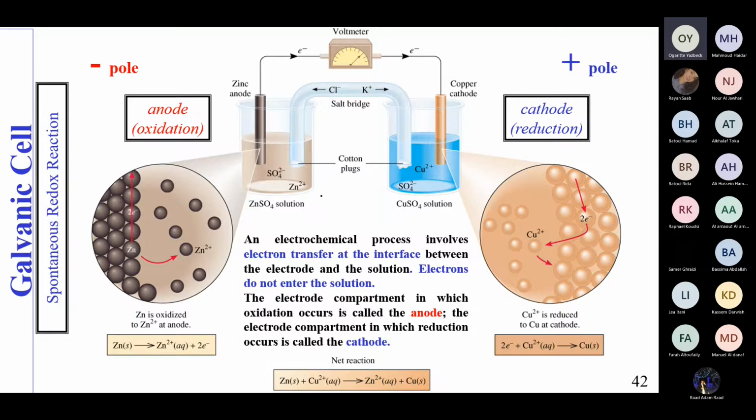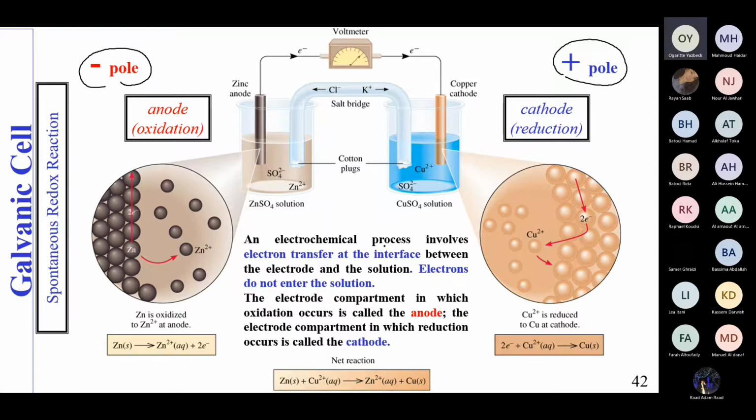When we talk about poles, electrons, guys, they are negative charges. They always flow towards the cathode, towards the positive pole. So the cathode is the positive pole, and the anode is the negative pole.